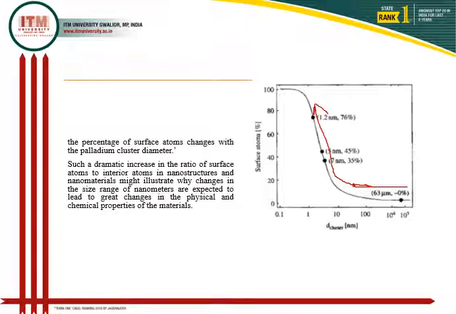So at less than 10 up to 1, it is increasing dramatically. Now most of the atoms are participating. The main consequence is a great change in the physical and chemical properties of the material, and that is very important for us.